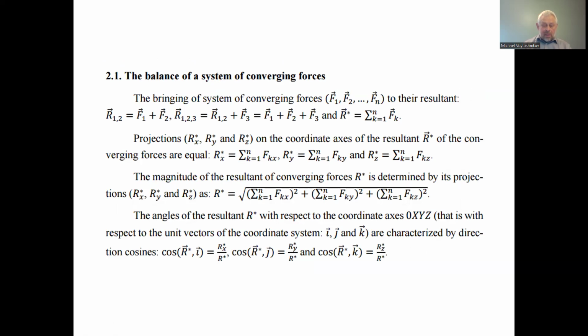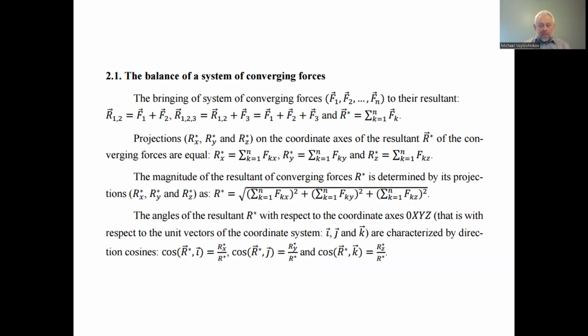The difference from the usual balance equations is that for a usual system of forces, we have usually three types of balance equations.